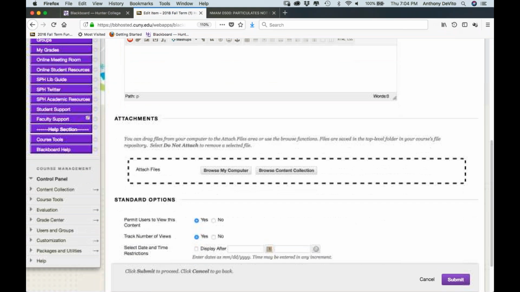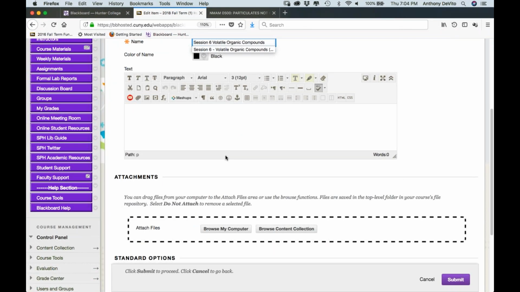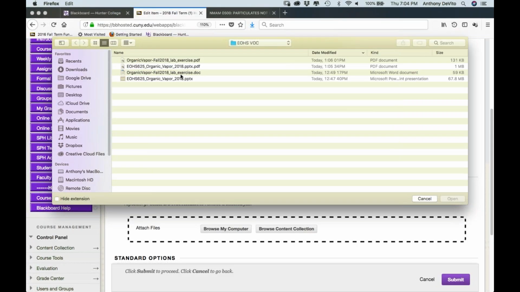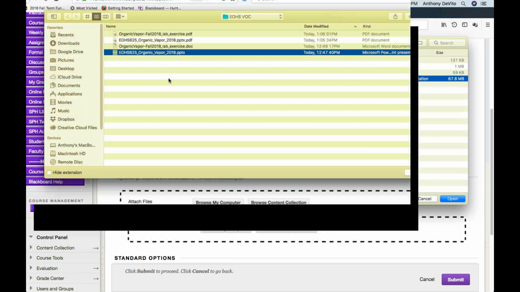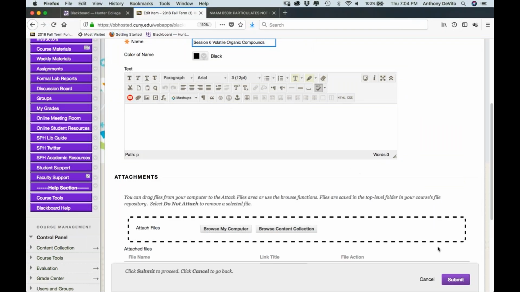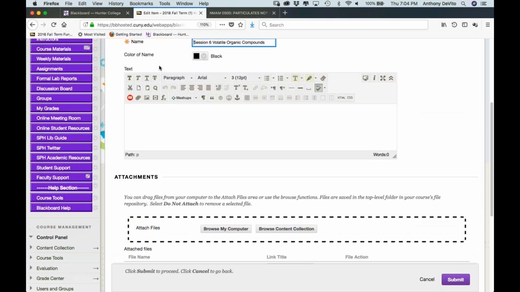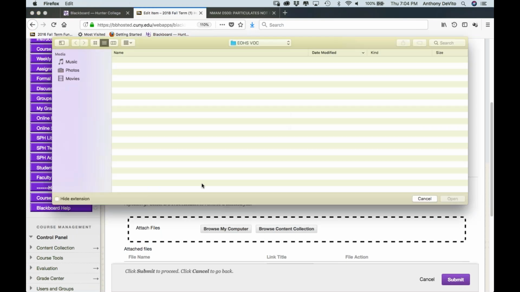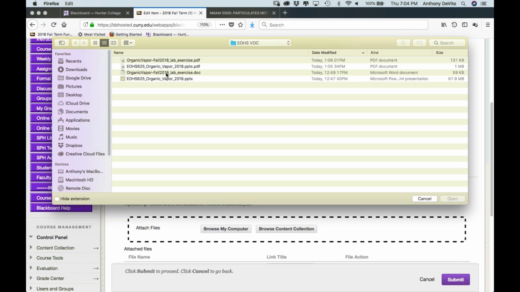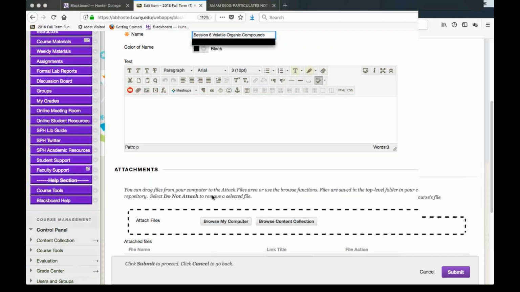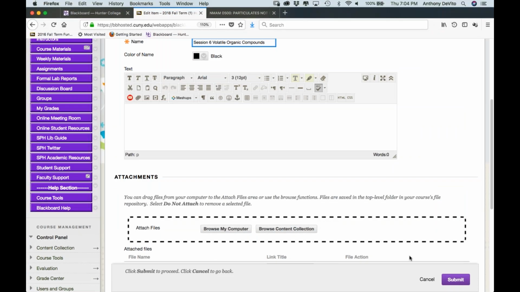I just want to print them out before you start. Let me browse my computer. I know I put them there. It just disappeared. I got no idea why that would happen. That's the PowerPoint. This is the PDF of the PowerPoint. This is the Word document. And this is the PDF of the Word document. So all four of them should show up.